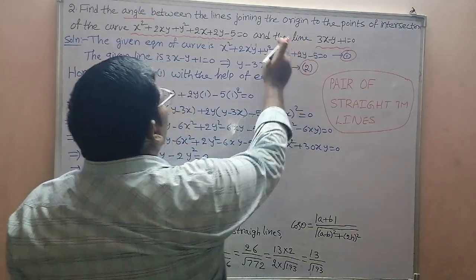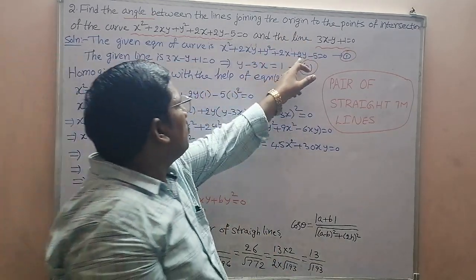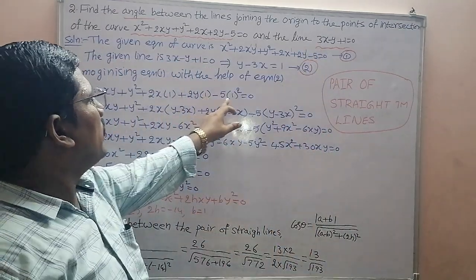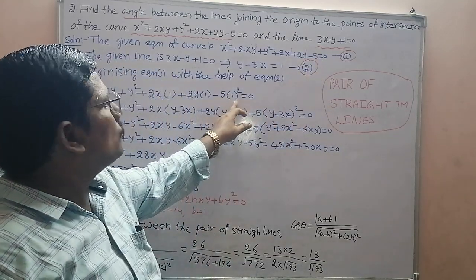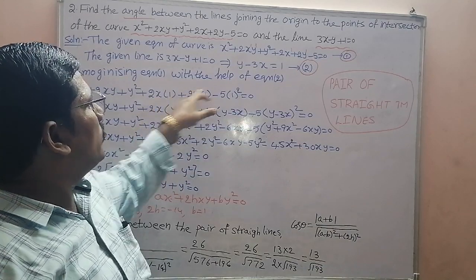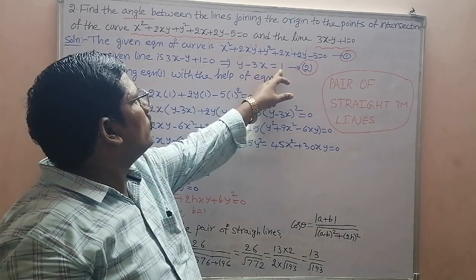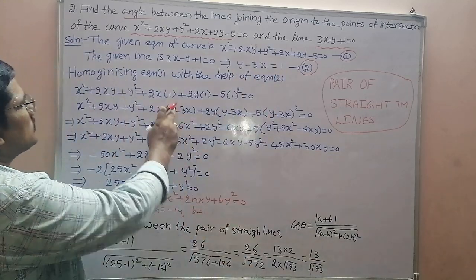So we write 2x into 1, 2y into 1, and minus 5 into 1 whole square. We replace the value of 1 from equation 2.